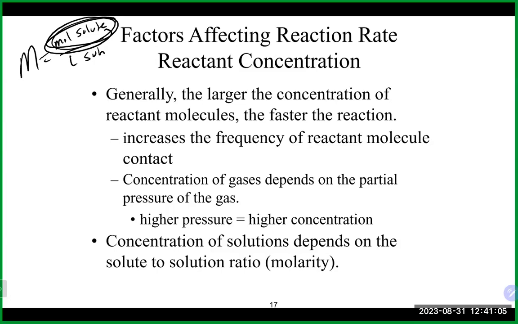So if you just think about gas molecules, a high pressure just shoved everybody right next to each other, right? So that's going to allow things to react a lot faster, rather than if you have a lower pressure. You'll have a little larger volume maybe, and it'll take a little longer for everybody to find each other in that space. So pressure and volume are all related to each other in terms of how fast a reaction takes place or not.